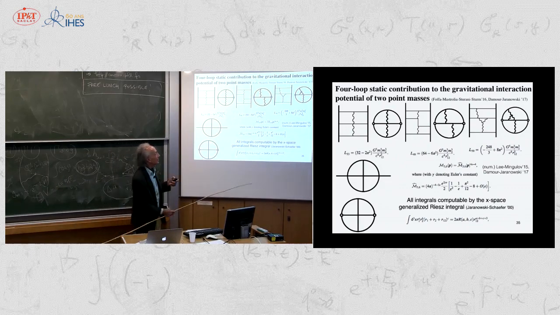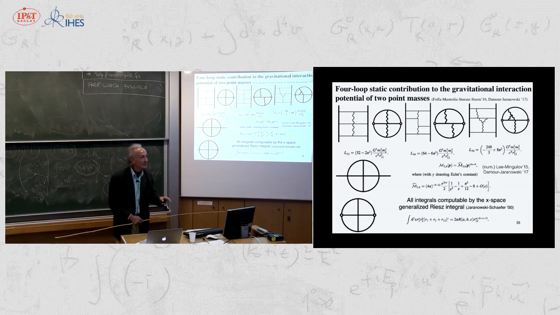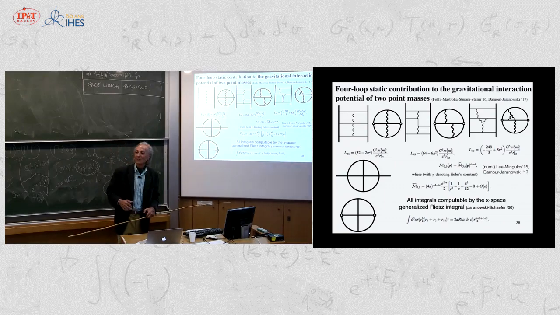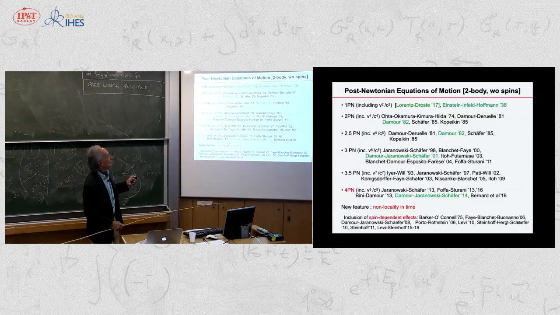What is amusing is that in our paper with Jaranowski, we showed that actually you can compute this by elementary means. That is, somebody like a student in France at the baccalaureate level, maybe they don't know how to do integrals today, but just with some logs, you can compute explicitly something which apparently was not computed before.